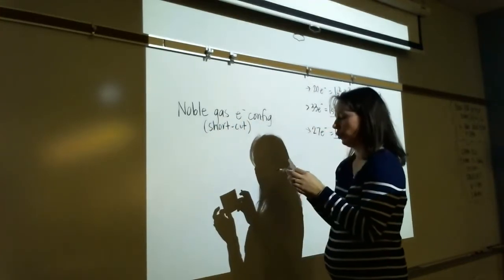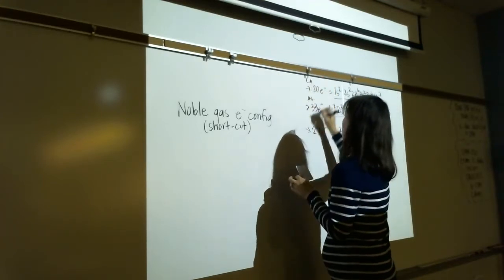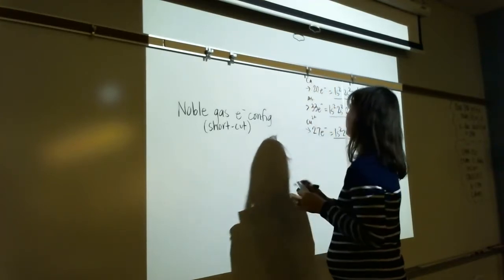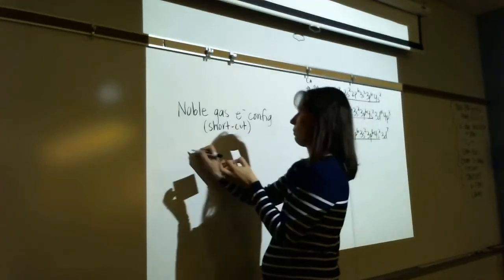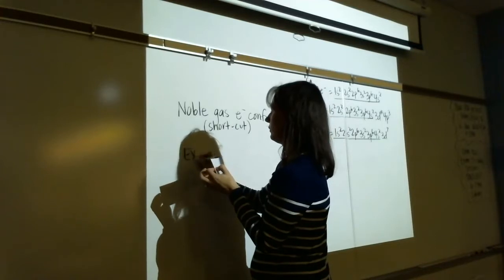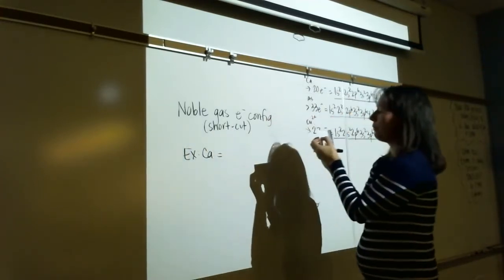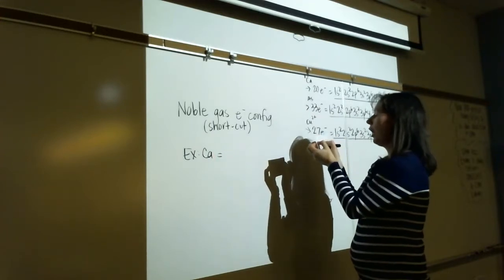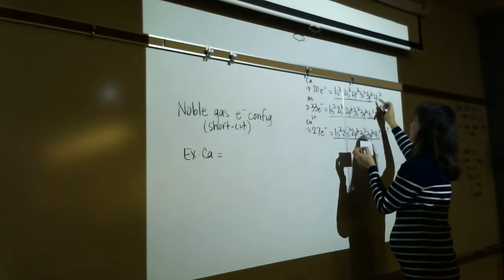Okay, so let's do that one. This one was calcium, this one was arsenic, this one was Cu2+. Let's do calcium using the shortcut. If we look at calcium, we go up a row and all the way to the end. Argon gets us to here, right?